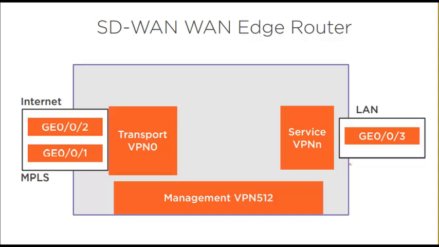Even though we have multiple service VPNs using this transport VPN, the gateways, the next hops, are not going to be the same over the SD-WAN tunnel. Those things are kept separate with the help of the T-loc, and VPN 0 carries this T-loc information.